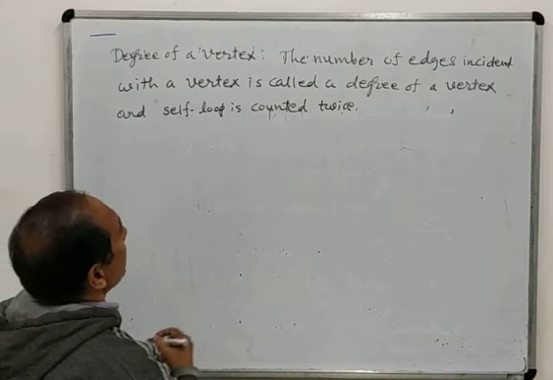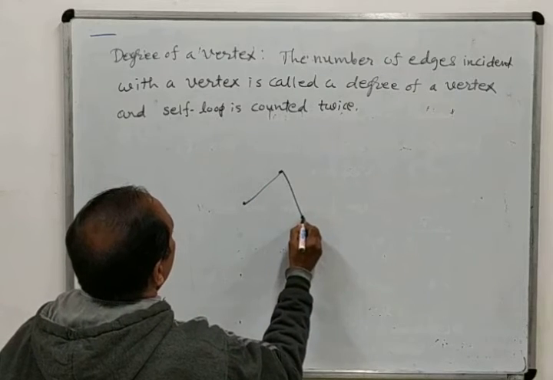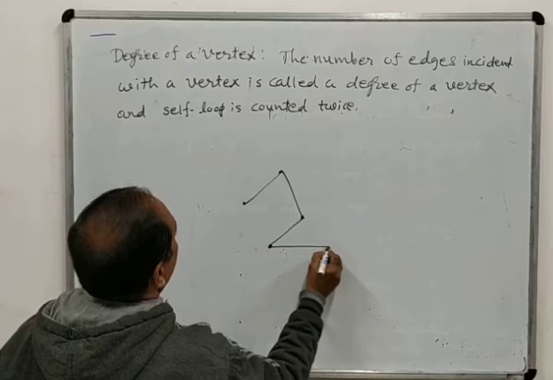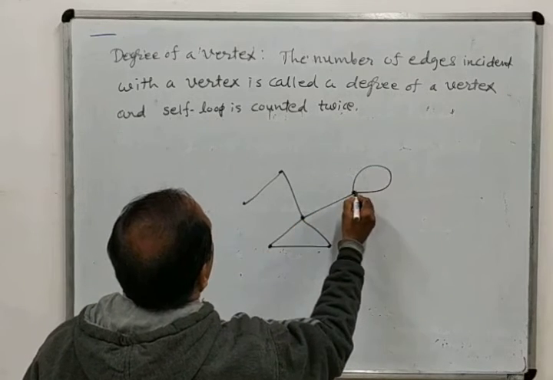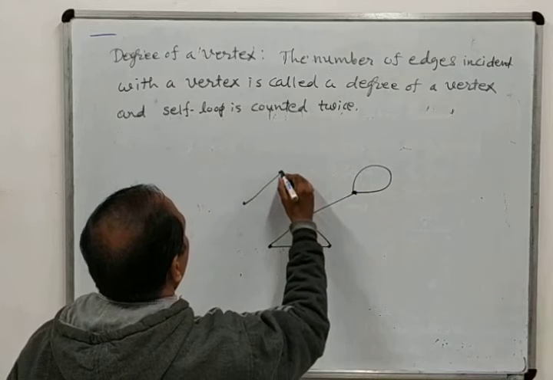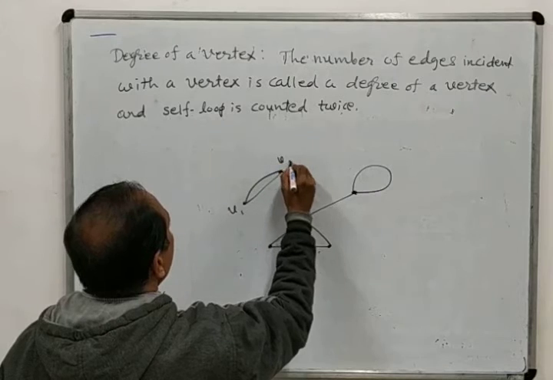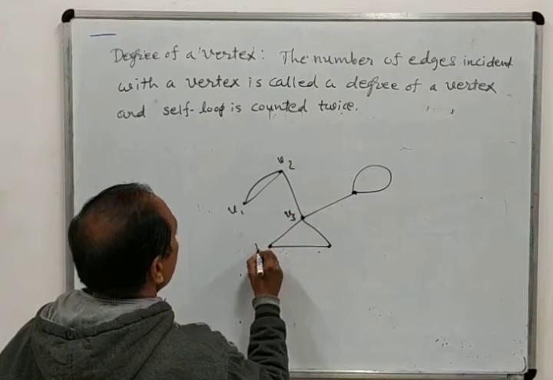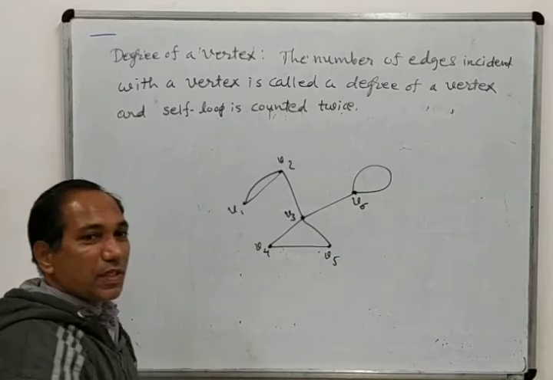Just I will draw a graph. Suppose V1, V2, V3, V4, V5, V6, and you always draw the graph by using a pencil.